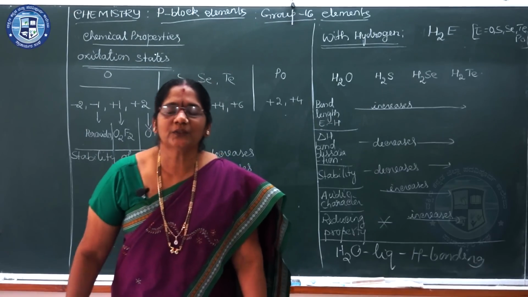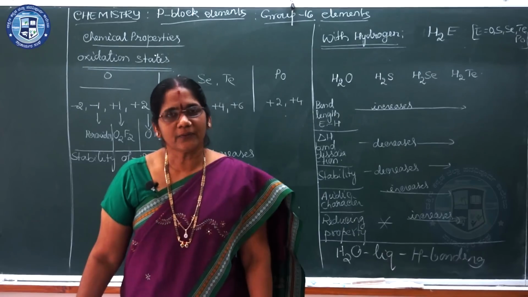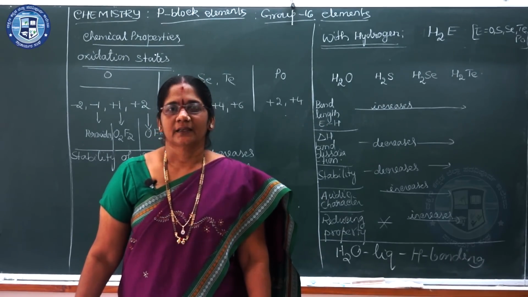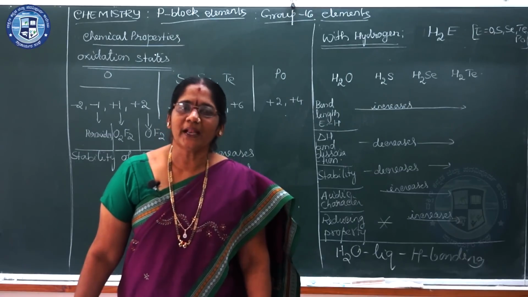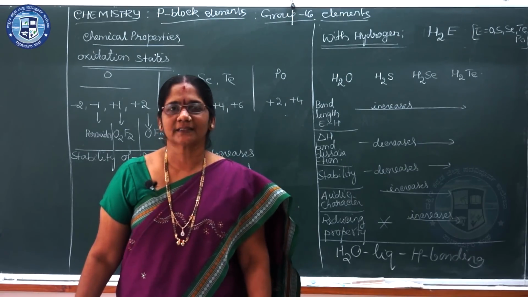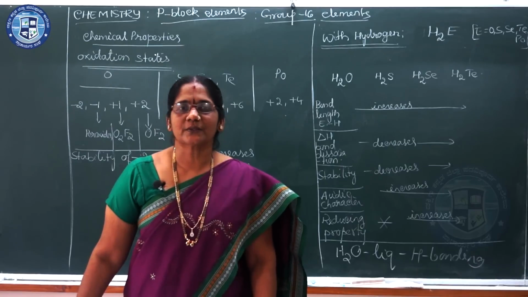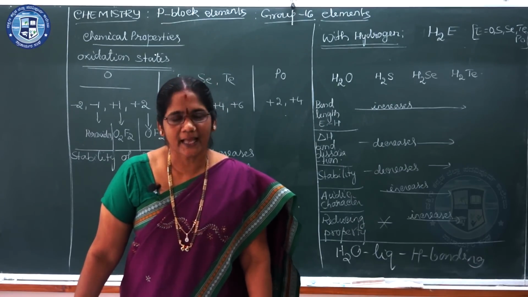We have already gone through 15 group elements in P block. Hope you all have seen the videos and made points and good notes which will help you during the annual examination.